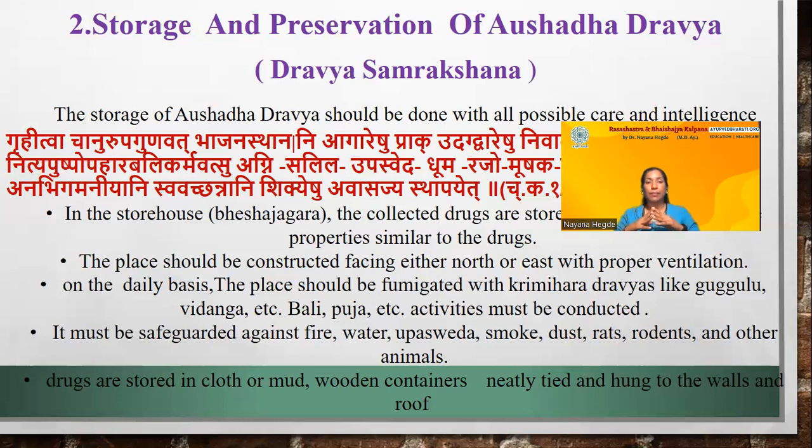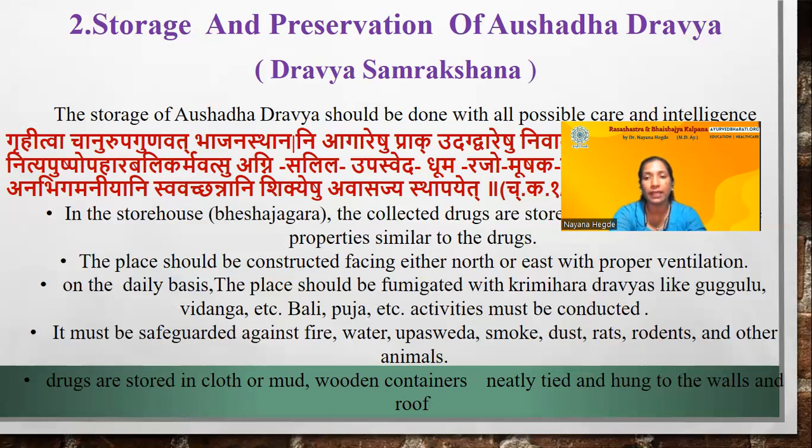And in the earlier slides we have studied that some plants should be collected only in some seasons, so that we get maximum benefit out of it. Hence, for example, in the first Rutu we collected the drug, but in the last Rutu we have to use it. So in these Rutus we have to store the drug properly so that we get maximum benefit out of it.